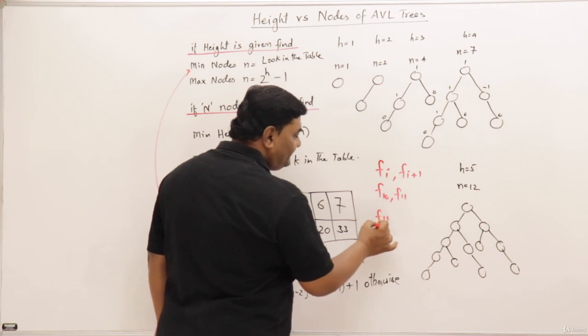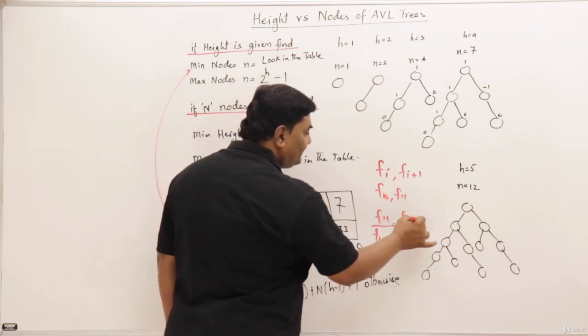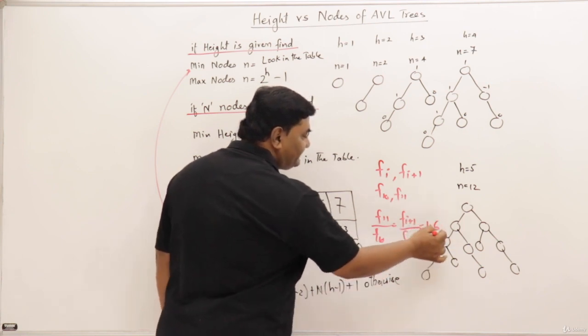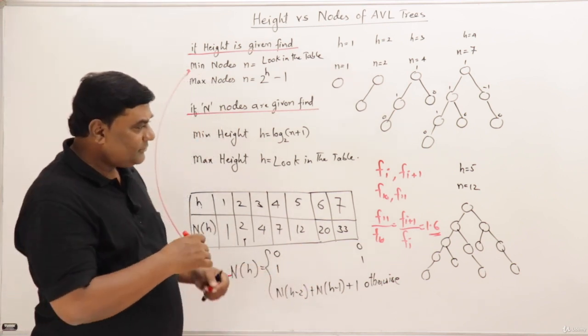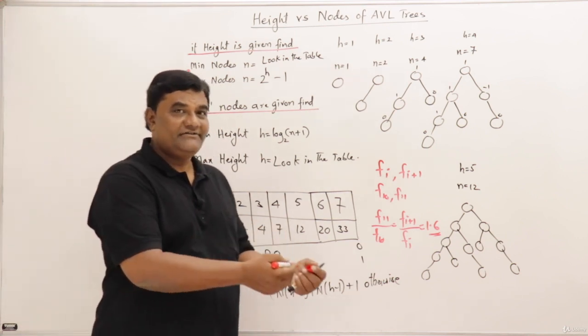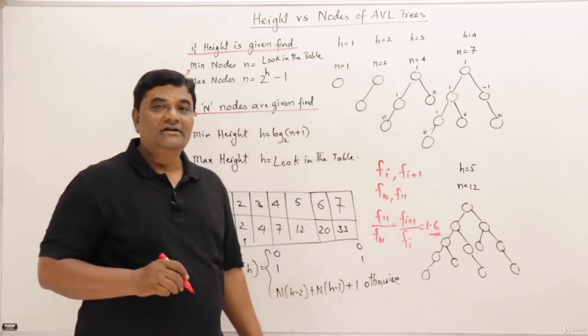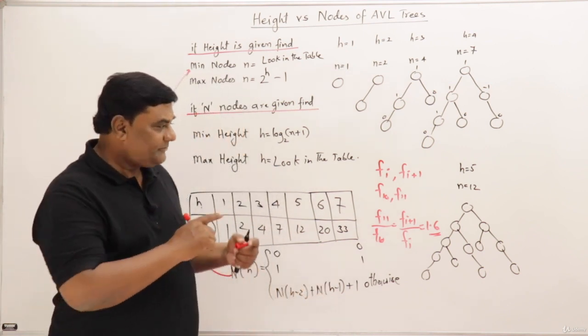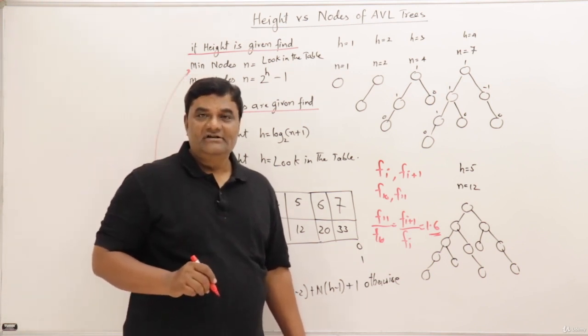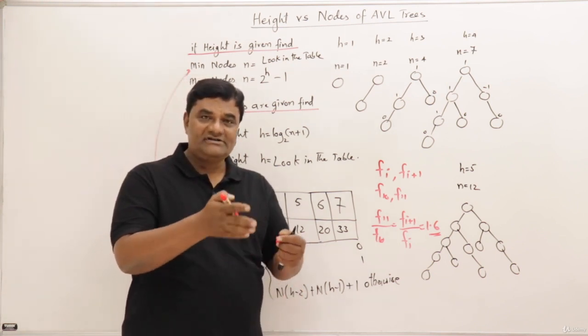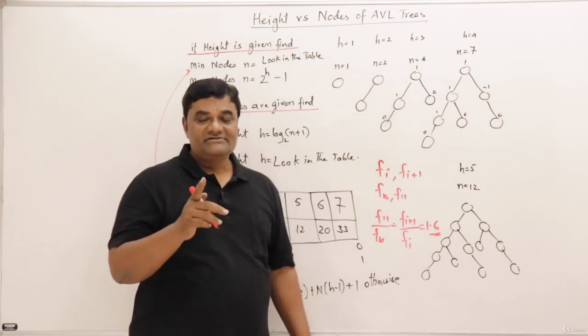Then f11 by f10 if you do, or f i plus 1 by f i if you do, the ratio will be 1.6 approximately, not exactly. It may be 1.59, it may be 1.57 also, you should accept it as 1.6, or it may be 1.6162 also, approximately 1.6. So for any two consecutive numbers, if you take the ratio, it is 1.6.